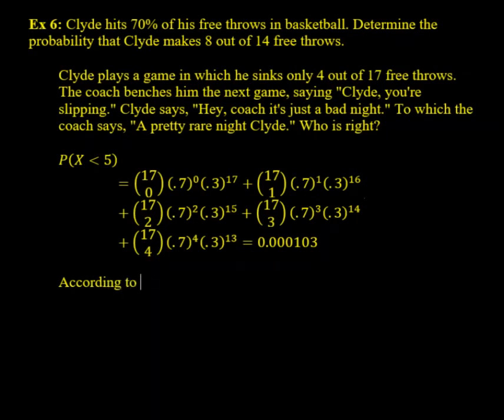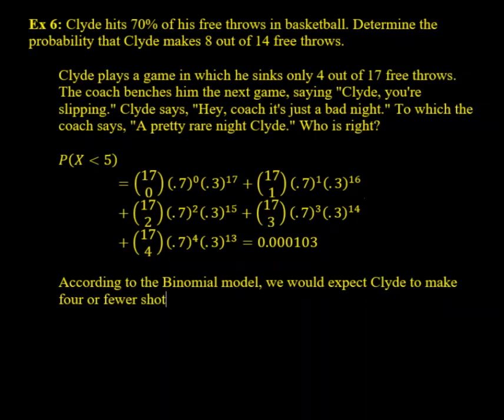According to the binomial model, we would expect Clyde to make 4 or fewer shots out of 17 only 0.0103% of the time.